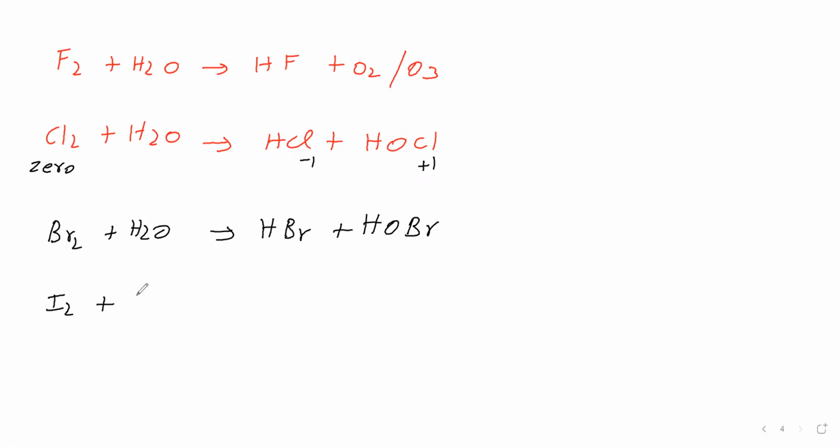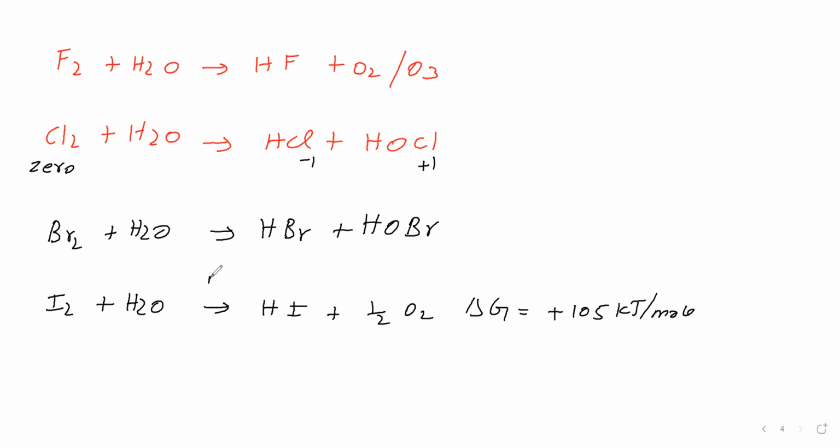Iodine with water gives HI and O2. For this, delta G is plus 105 kilojoule per mole. Delta G is positive means it is non-spontaneous. That means this reaction is not possible.